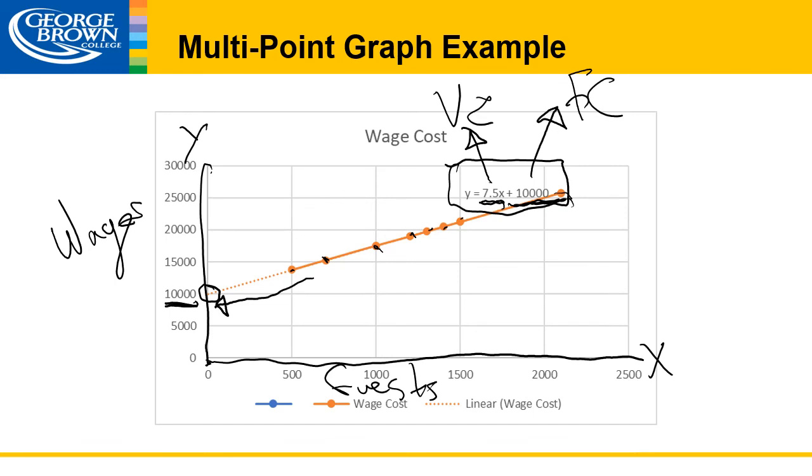For example, we found that y equals 7.5x plus 10,000, but in data that is semi-linear, regression is going to be a much better indication of what your fixed and variable components are. And I'll talk about that more on the next slide.